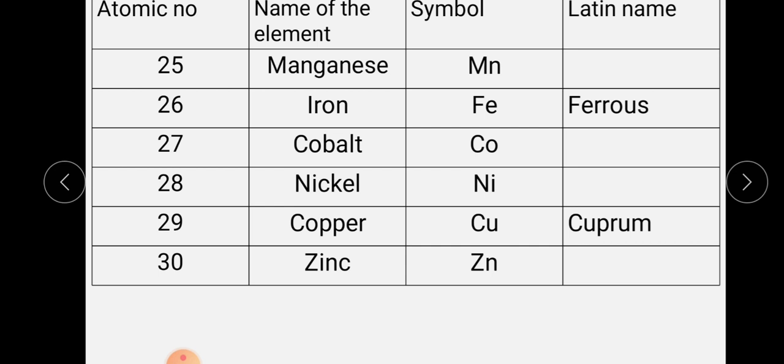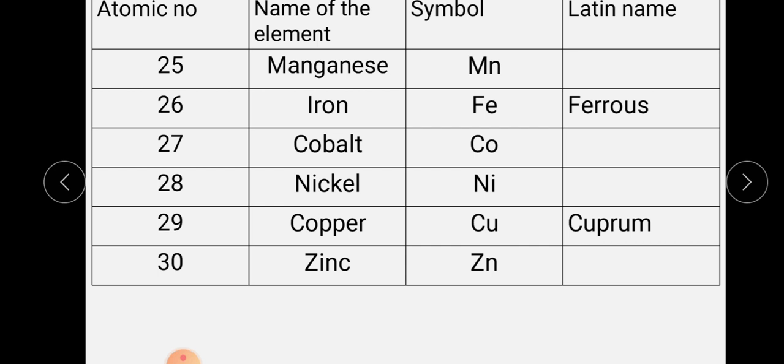That's why the symbol of copper is Cu. And the last element is zinc, and the symbol of zinc is Zn. So this is about the elements and symbols, and for some elements I gave you Latin names.